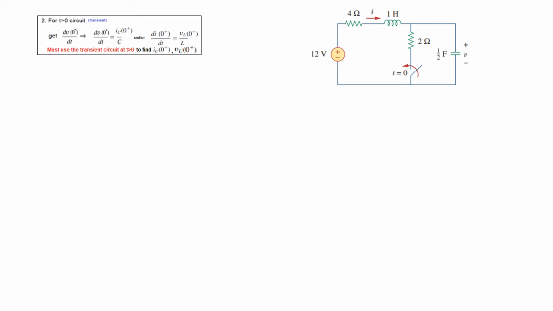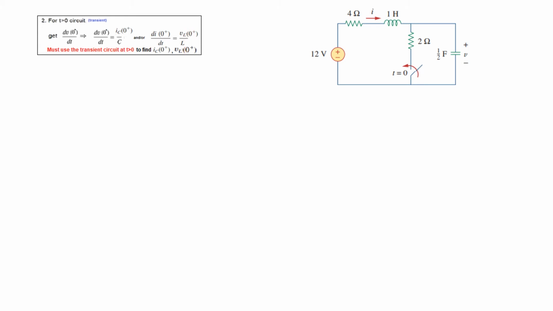Step number 2, we have to find dV0/dt, which is equal to IC0 over C. And similarly, if we have to find dI0/dt, then it is VL0 over L. So that means we have to find IC0 for this case, and VL0 for this case.